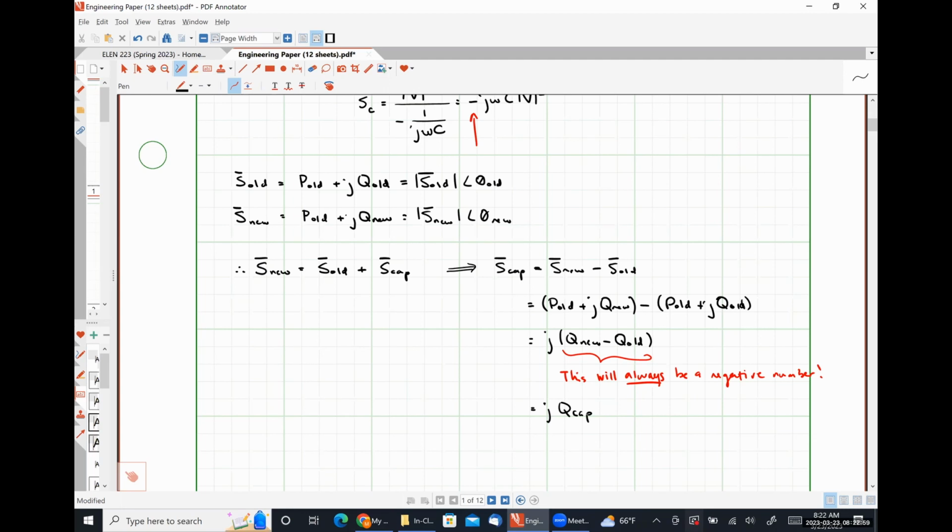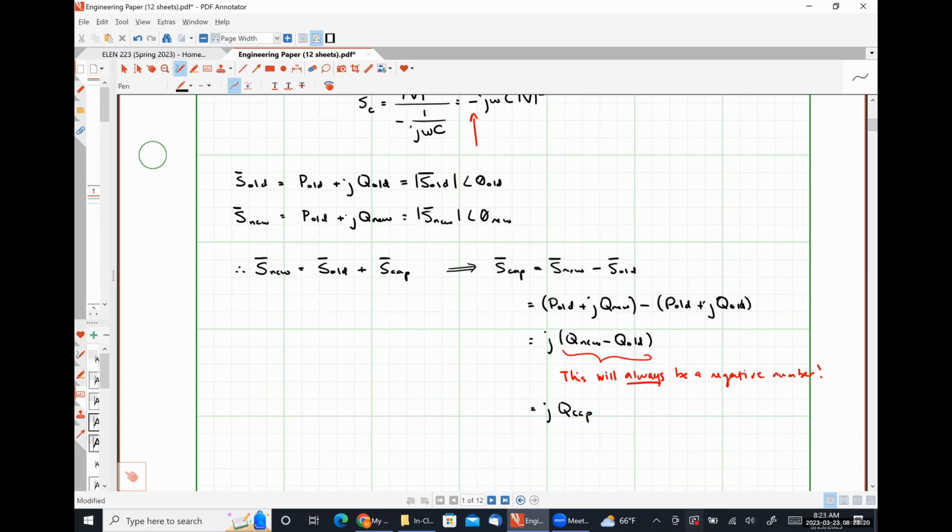Now what we're going to do is relate this to figuring out what value of capacitor is needed. Because as you go out and work on projects and all that kind of stuff, it's not going to be how many VARs, it's which item do I buy to make this system work, right?